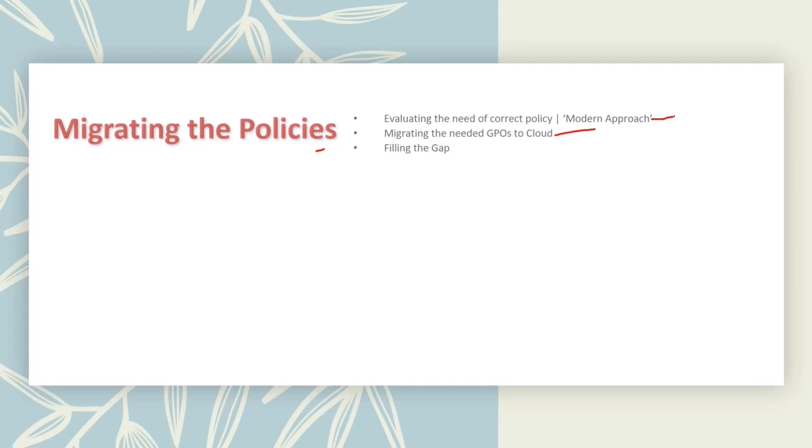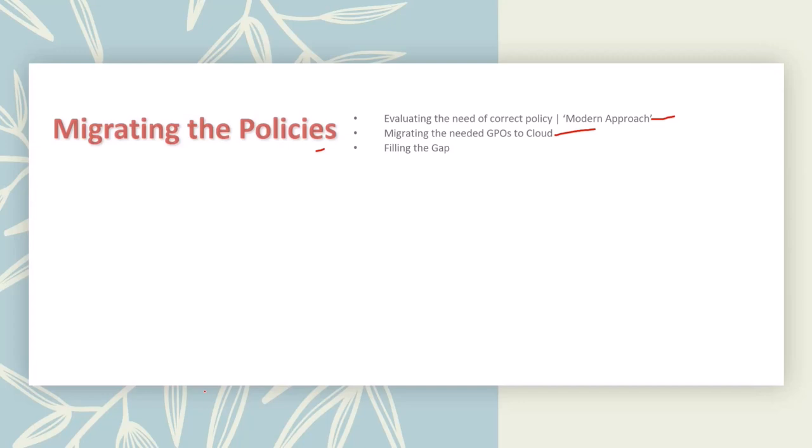We need to evaluate whether all those policies are still even applicable in the modern world or not. That is the first thing that needs to be done. So the approach here should be going through all the group policies and finding out how many of those policies are still needed in a device which is cloud native.